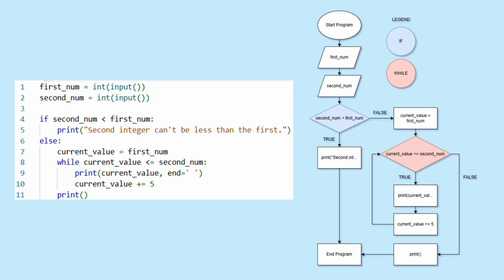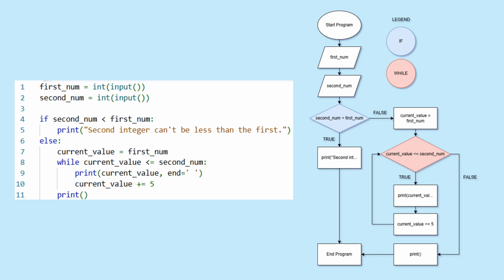I also provided a section to the right where I made a diagram so that people that are more visual learners like I am could see the sequencing of the events. I showed at the top where the program starts, it's fed into those two int inputs, first num and second num. Then it's given to an if statement, which splits into true and false branches.